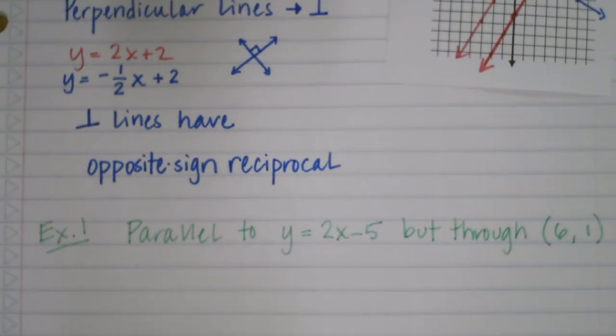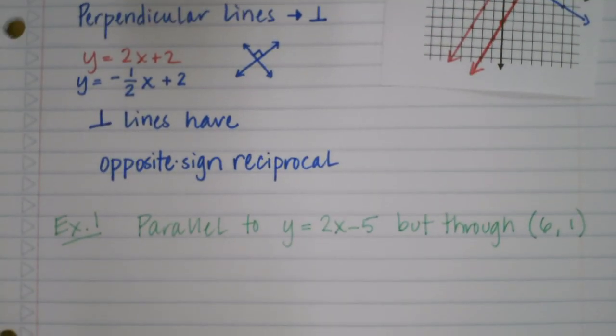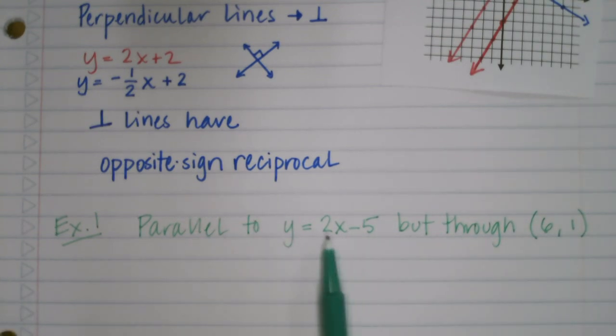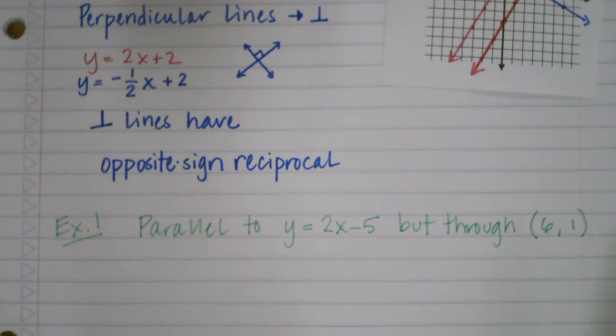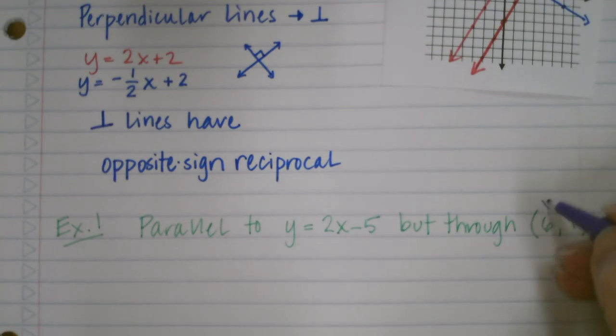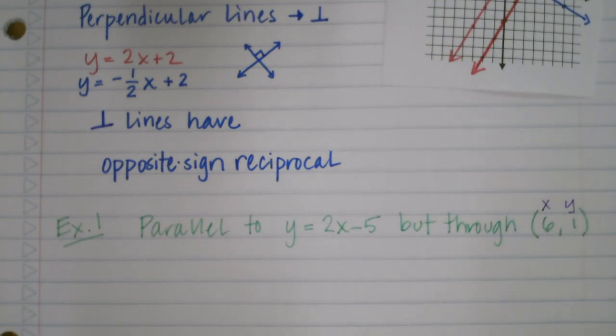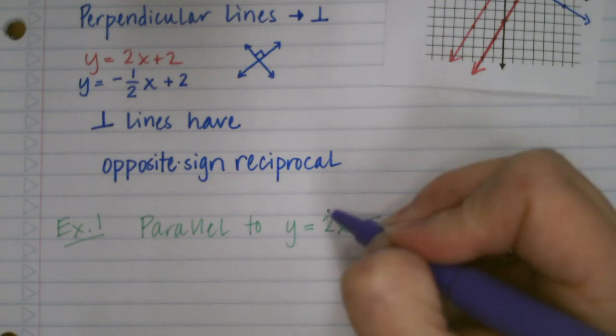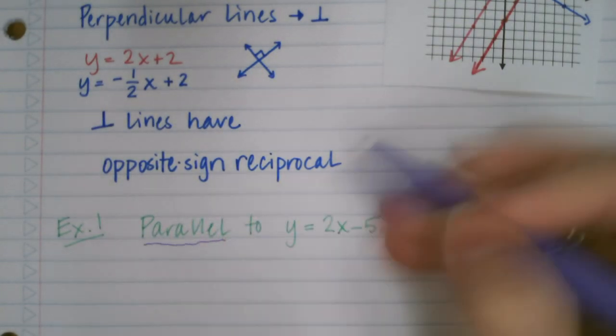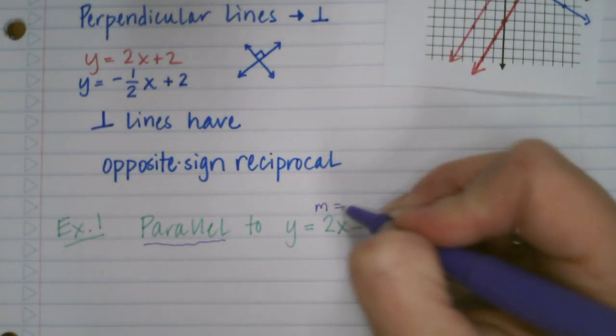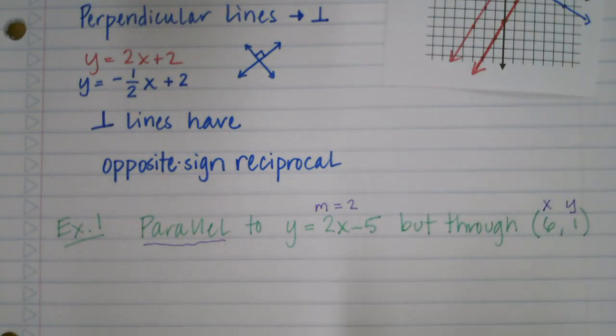All right, so hold on a second. Let me back this out so you can see that. Let's write the line that is parallel to this one, but goes through this point. What that means to me is that I know this is my x and this is my y, and since it's parallel, the m is going to equal 2. So I can fill my numbers in.